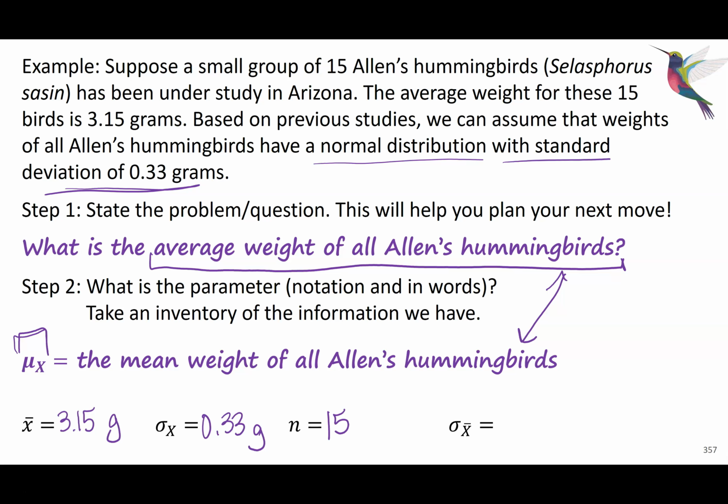And then I can go one extra step. I can calculate sigma of x bar. That's just sigma of x, which I have, over square root of n. So 0.33 over square root of 15.